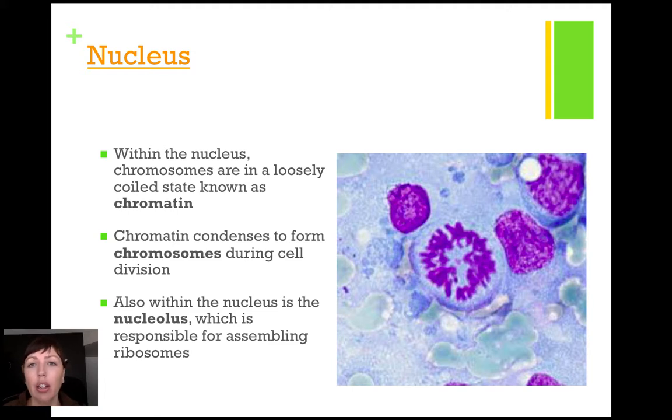Really, though, when they're not in replication, they sort of look like a big loose plate of spaghetti. Little strands that are loosely coiled, called chromatin. Okay, and also within the nucleus is the nucleolus, which is responsible for assembling ribosomes.